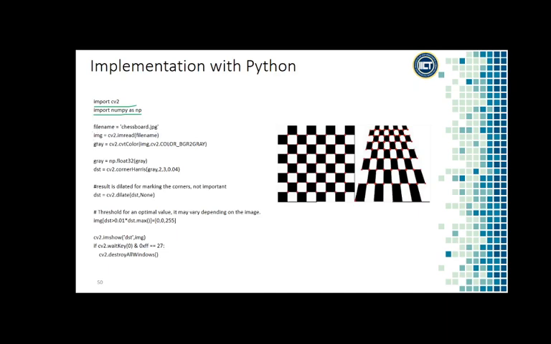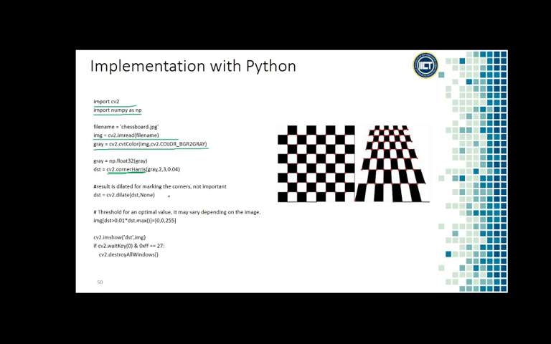Once you read the image, you can convert it into a grayscale image. After you convert it to a grayscale image, there is a built-in command in OpenCV, which is the corner detector for Harris corners. And you can apply this command to detect the corners.